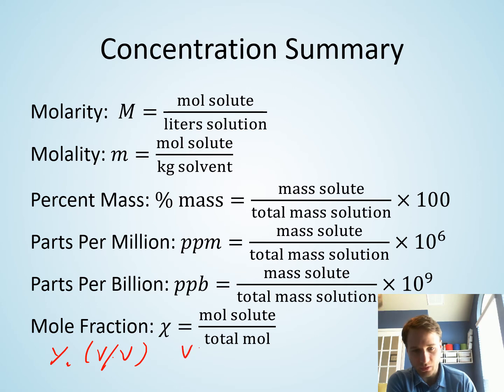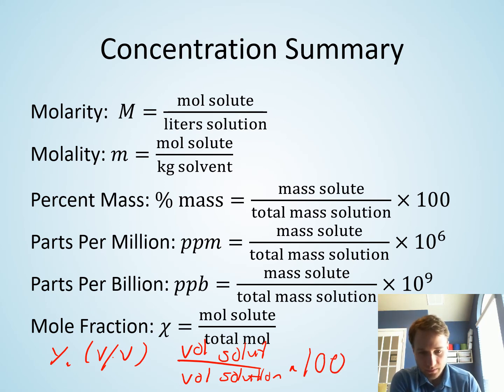It's just the volume of the solute divided by the volume of the solution, times 100. So again, we have to keep in mind the solution versus the solvent versus the solute in these definitions. We need to keep in mind what all these different definitions are.